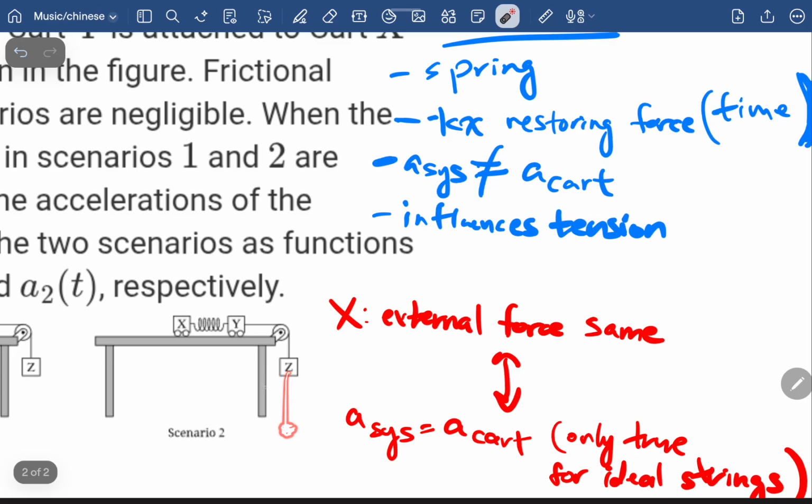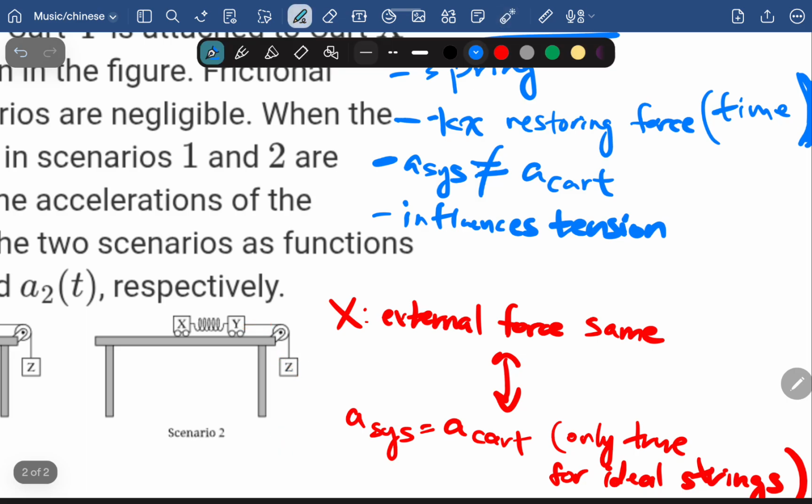But if y isn't getting pulled in as much in the oscillation of the spring, then tension doesn't have to pull that much and fight against the spring force. And then in that period, z accelerates faster. So it's just an oscillation, basically.